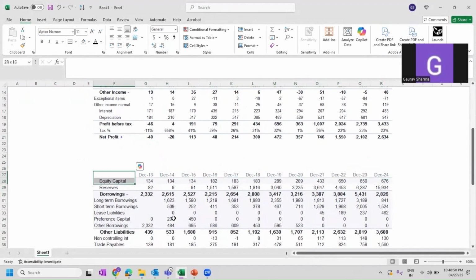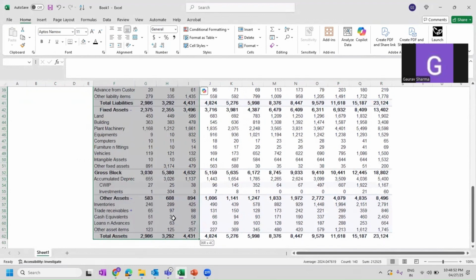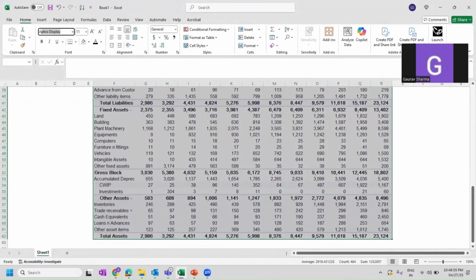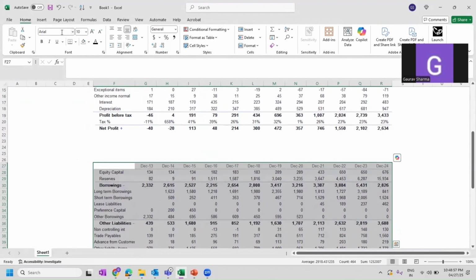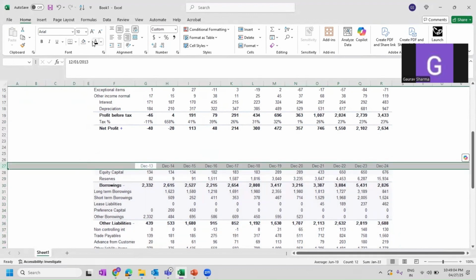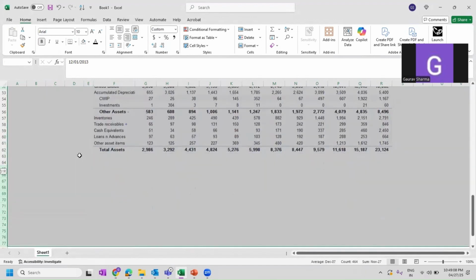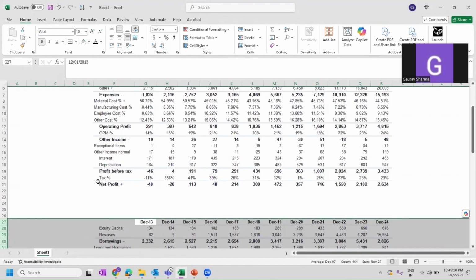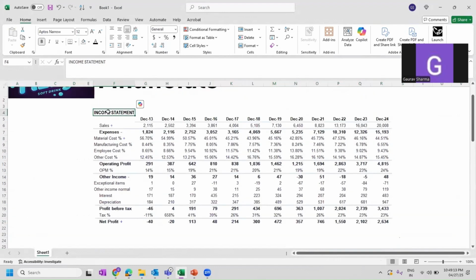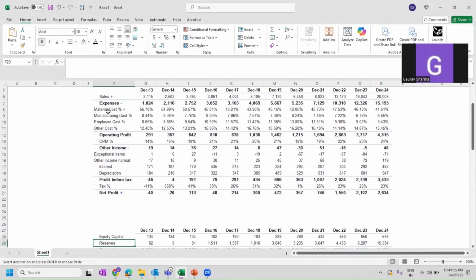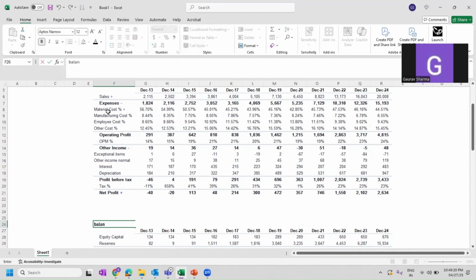And the colors, give the heading, this is balance sheet.